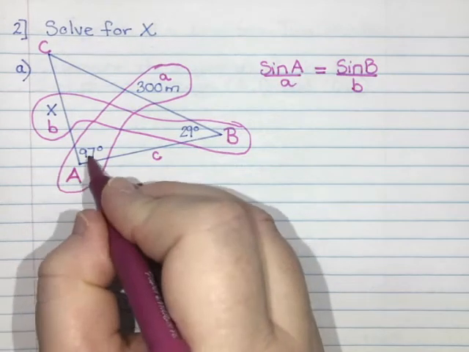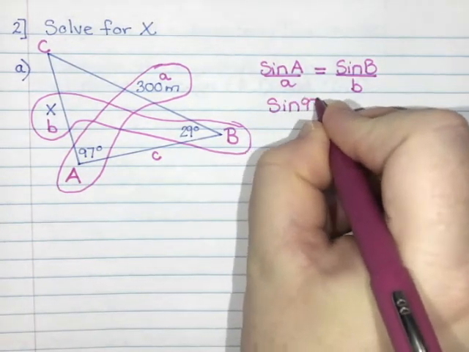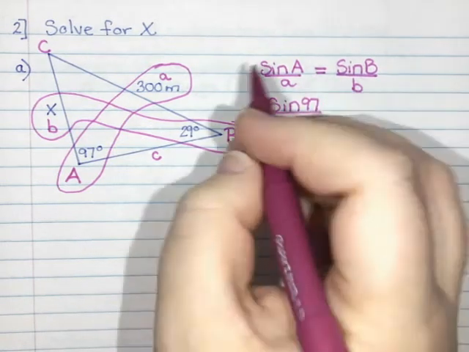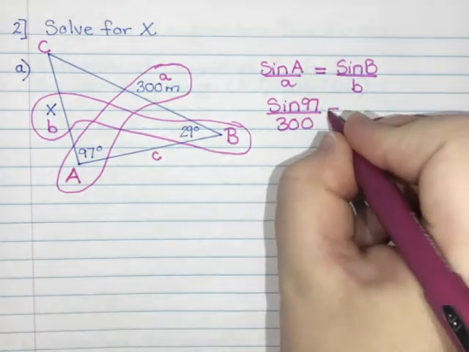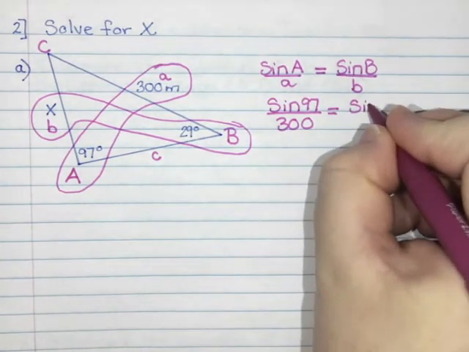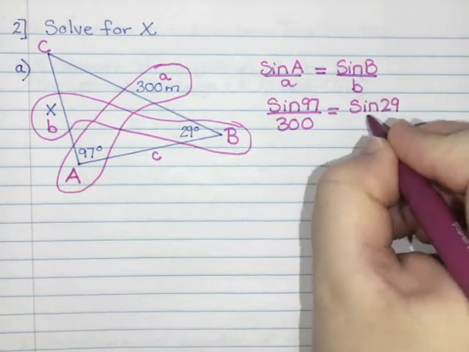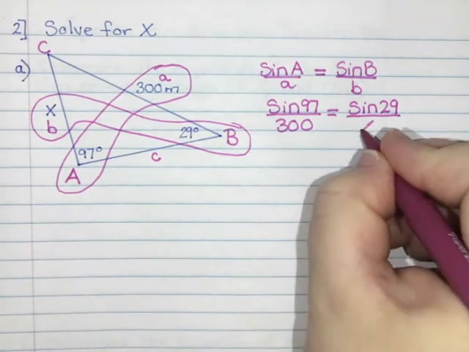So big A is 97 degrees. So sine of 97 degrees divided by side A, which is 300 meters, equals sine of B. B is 29. So sine 29, that rhymes. And then that's divided by side B, which is x.